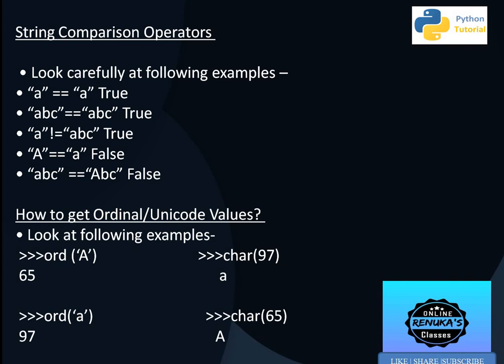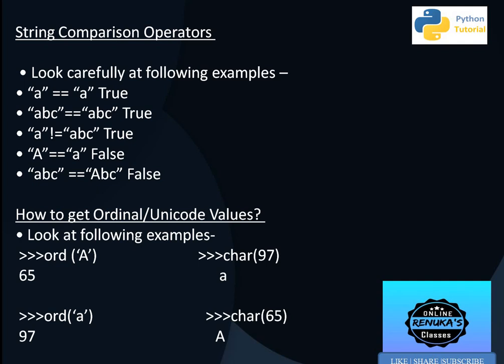Then come ordinal values. If you want to check the ASCII value of a character, you can type ord and the character, and it will return the ASCII value, for example 65 for capital A. In our computers, as we discussed in the first unit also, for each character and each symbol on the keyboard there is a special code, either in the form of the ASCII table or Unicode values.